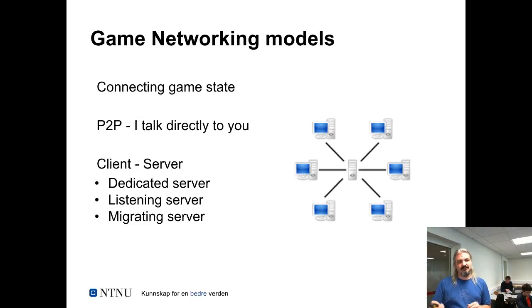So you get a client server. Most of you will have played on client server systems, where you have a server, it has the ground truth of the world, and you have, as clients, all look at that server. Right? So with this, you usually have a dedicated server, and it's listening, and sometimes you can have a migrating server, where you have a server that is listening, but one of the clients is a backup server.